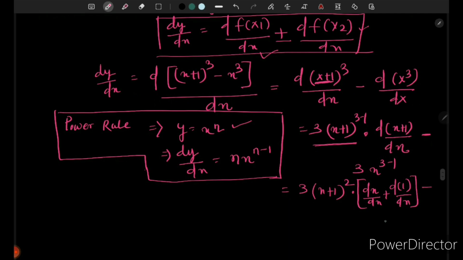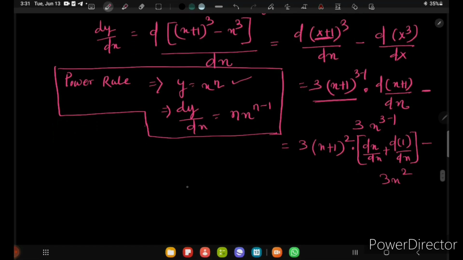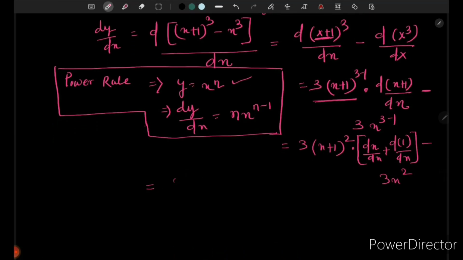So minus 3 into x to the power 2, so again I can write it as 3 (x plus 1) square into dx with respect to dx, that is 1, and derivative of 1 with respect to dx is 0, because the derivative of a constant is 0.